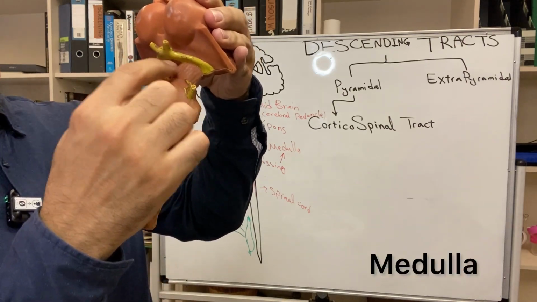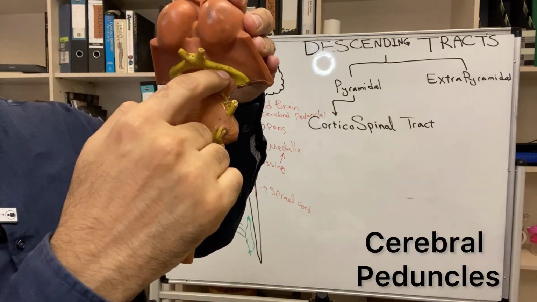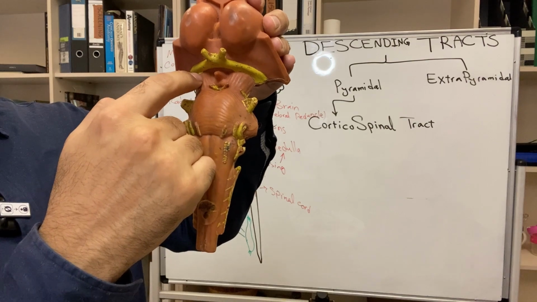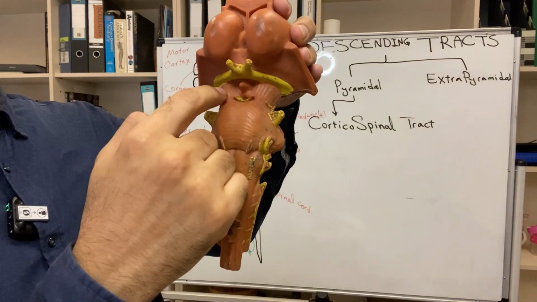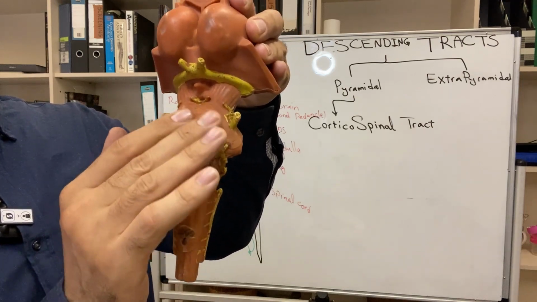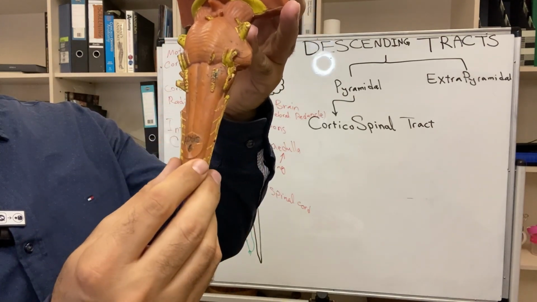So if you look here, you can see the cerebral peduncles. So the corticospinal tract upper motor neuron crosses the cerebral peduncles of the midbrain, and then it crosses the anterior half of this projection of the pons to get into the medulla.